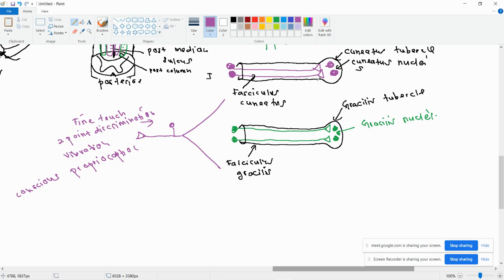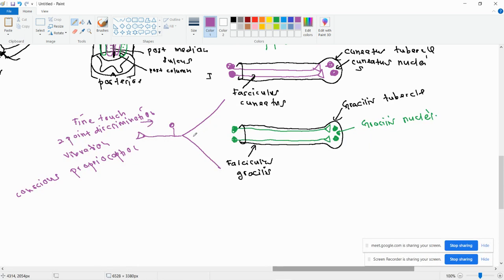So fasciculus cuneatus and fasciculus gracilis come from your spinal cord and go to your medulla oblongata, and both carry the same sensations: fine touch, two-point discrimination, vibration, and conscious proprioception.